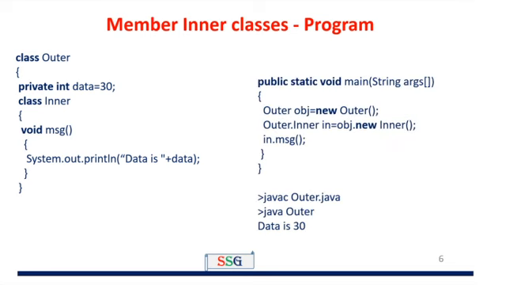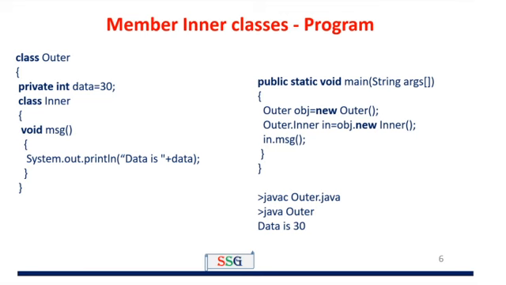The next one, public static void main. First we have to create the object for the outer class. The syntax for outer class object creation is Outer, space, object name, equal to new Outer. All of you know the normal object creation syntax.